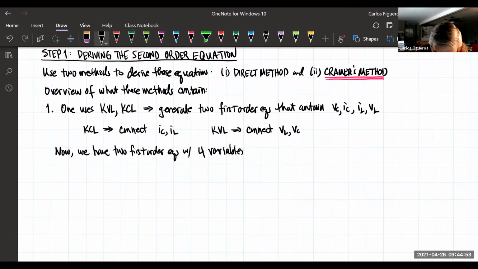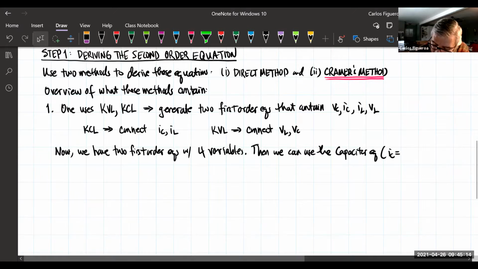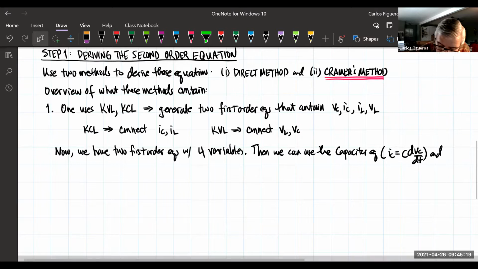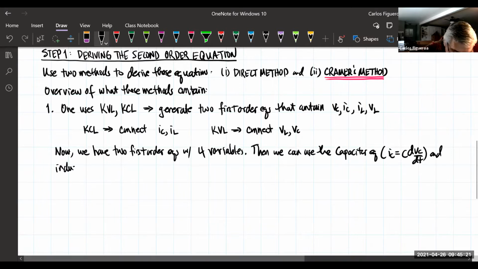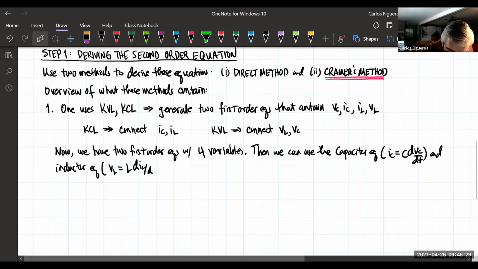And then we can use the capacitor equation to convert IC into a VC equation, and the inductor equation, which is VL equal to L di dt.